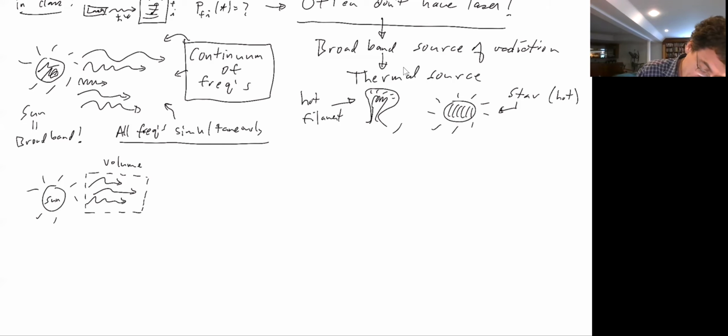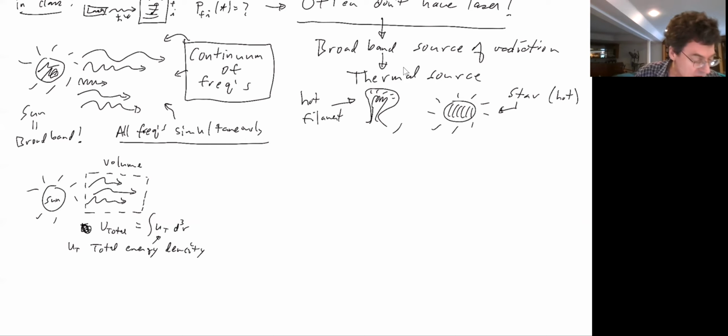I can say that the total energy is equal to the integral of the energy density per volume. And that's the total energy density.